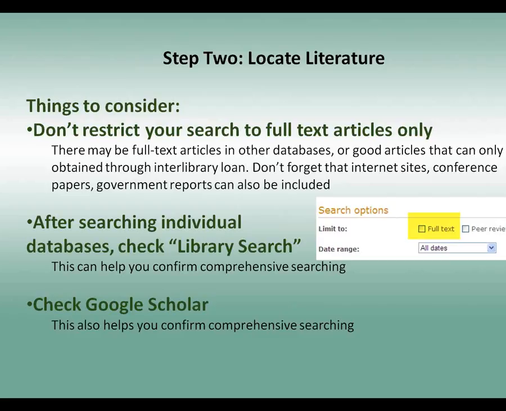So if you find the citation, that might be something where you can interlibrary loan that information and we would be able to deliver it to you. Hopefully everybody here is familiar with ILLiad. If not, please contact me or one of the other librarians at your campus and ask them to give you more information on ILLiad. ILLiad is something where we can ask another library for a journal article or other resources to help you with your research.